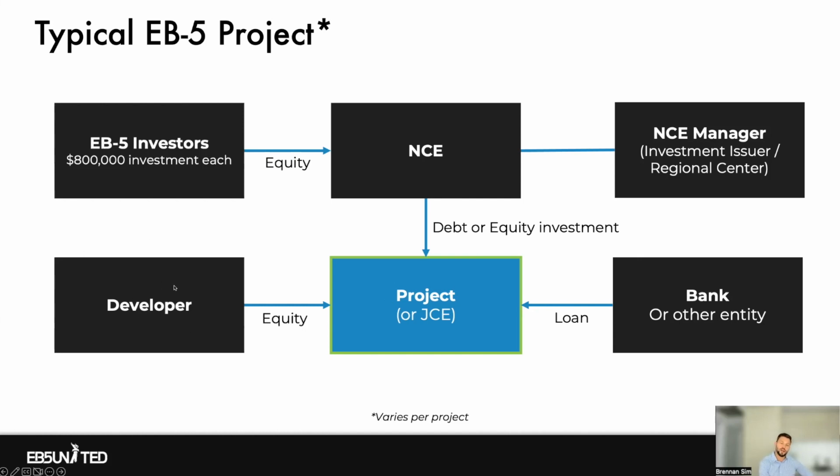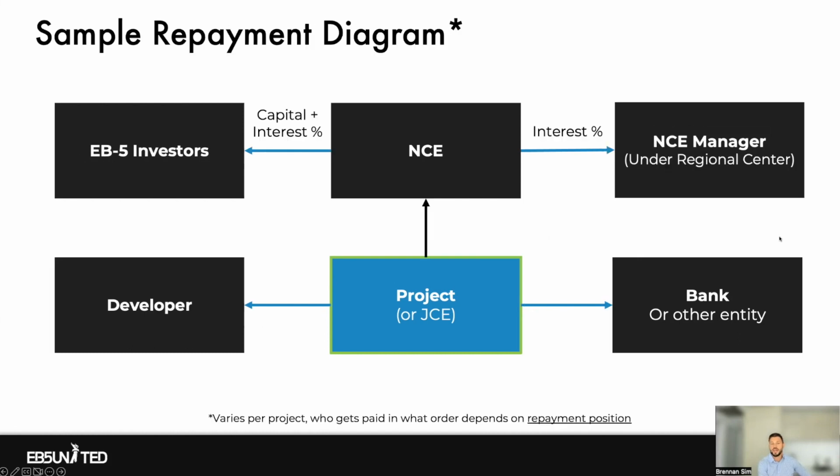So the more developer equity and the more financing that is subordinate to you as an EB5 investor, the more protection that you have, because any subordinate financing or developer equity is going to be lost first before the EB5 investors are impacted.